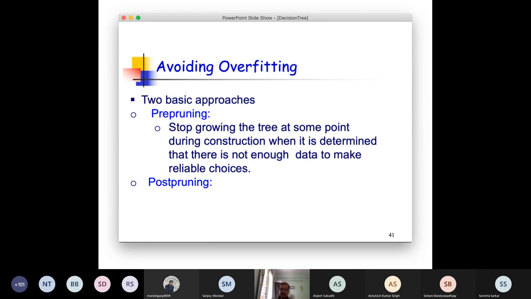Now since you are in that situation, what you can do is prune certain nodes. You can prune any node. Pruning a node means all the nodes in the subtree rooted at that node are pruned.